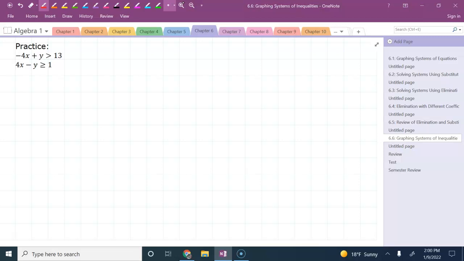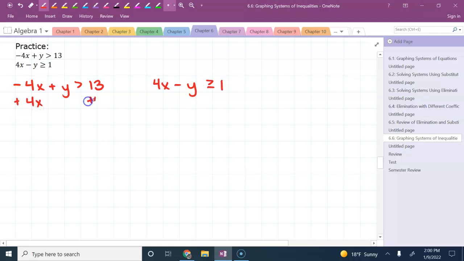All right, so let's start by rewriting both of these. Okay, so there's your first one. Now the second one.